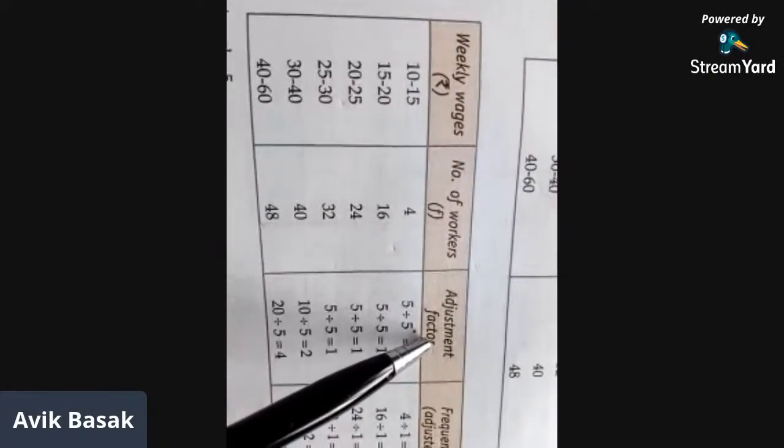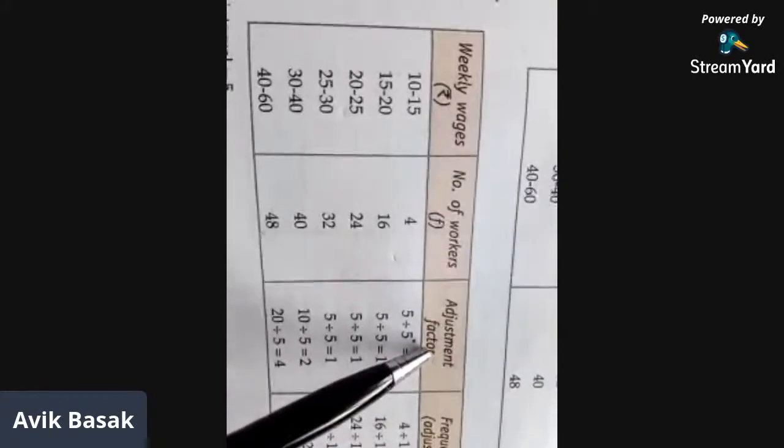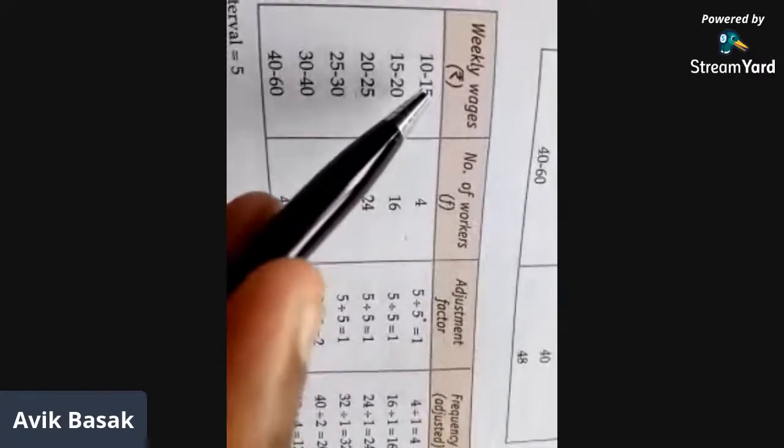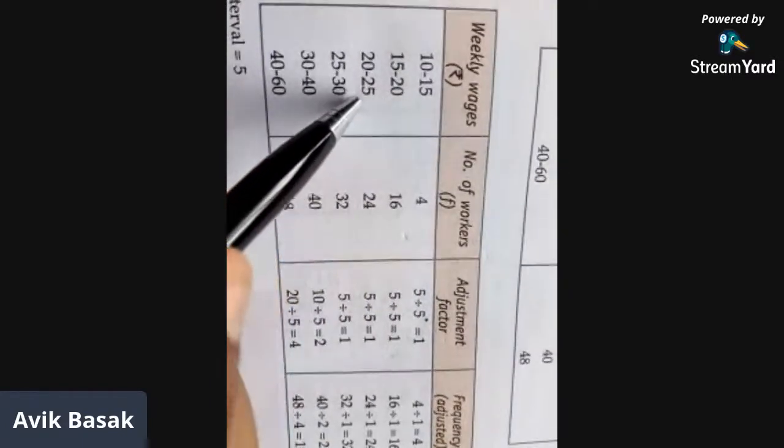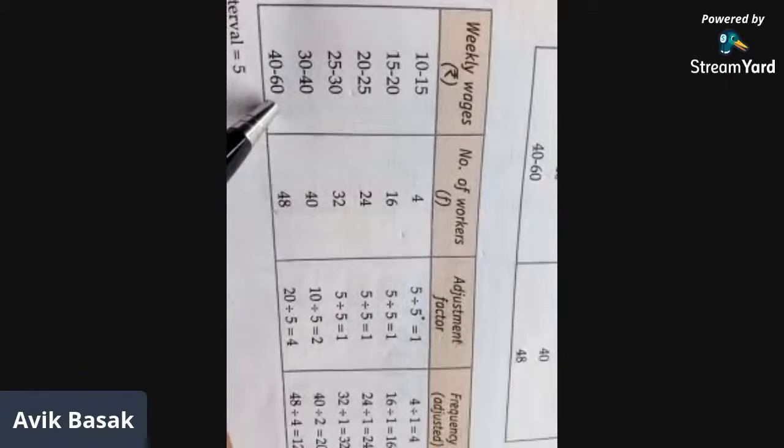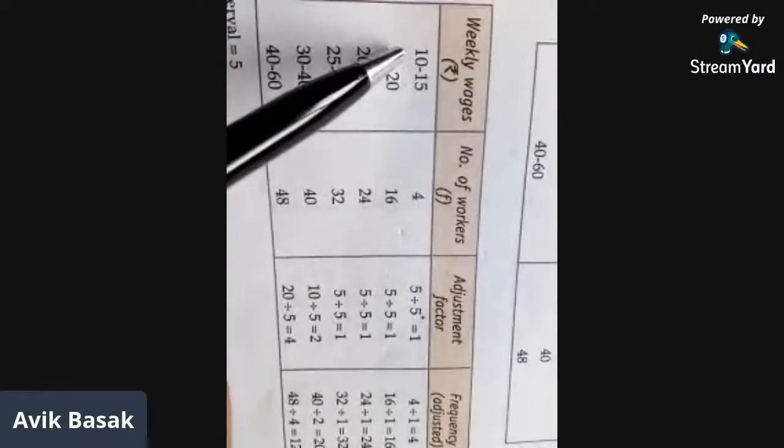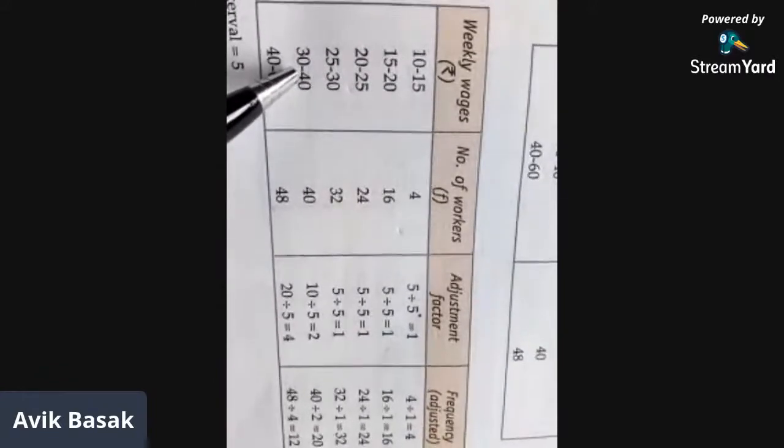Adjustment factor: you always have to see the difference, how much it is going. As you can see, it started with a difference of 5.